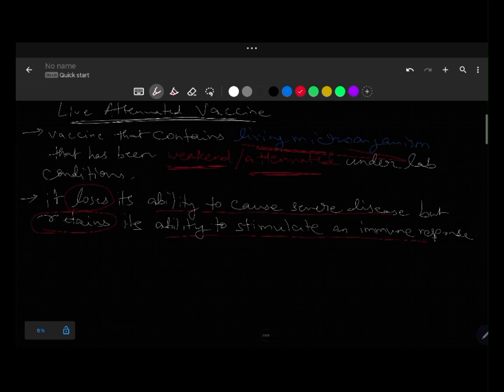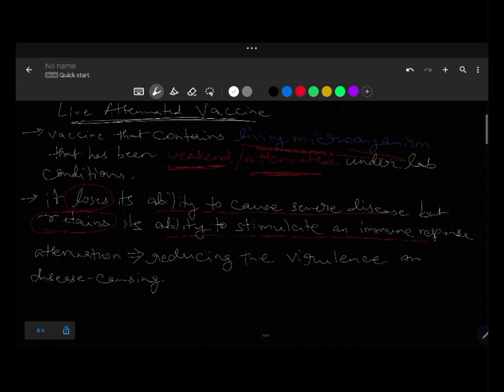So if we talk about the word attenuation, in immunology or pharmaceutical biotechnology it means reducing the virulence, or disease causing capacity, of a pathogen without eliminating its antigenic properties.